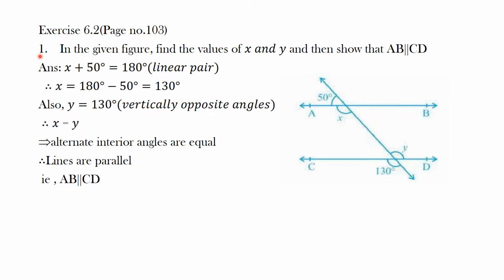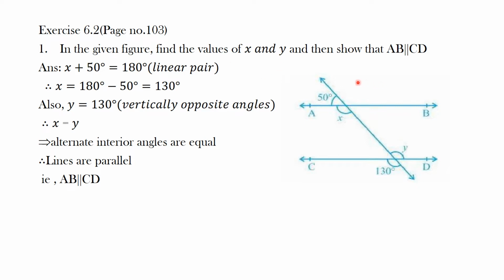Question number 1. In the given figure, find the values of x and y and then show that AB is parallel to CD. We can see the figure AB and CD, two lines intersected by another line which can be called the transversal.